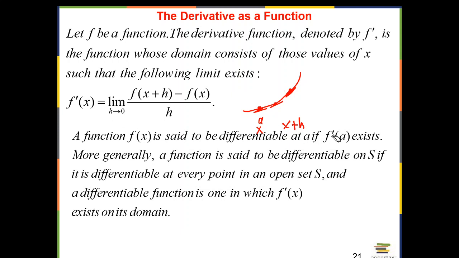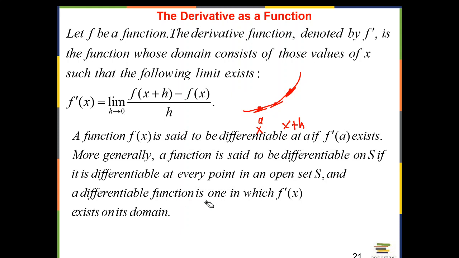If f prime at a exists, then we say that a function is what? Differentiable at a. More generally, a function is said to be differentiable on S, which is an interval, if it is differentiable at every point in that open interval, right?